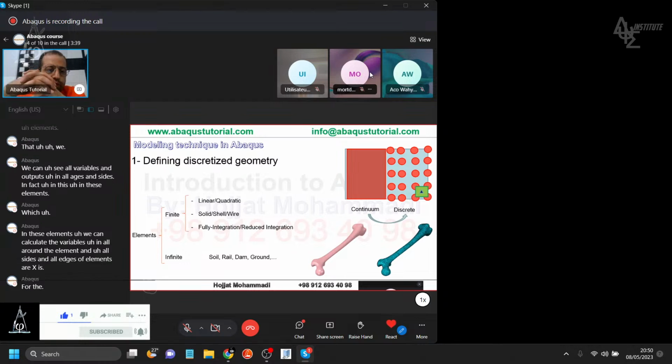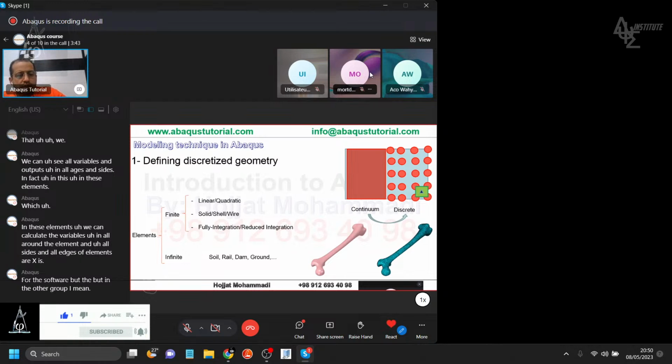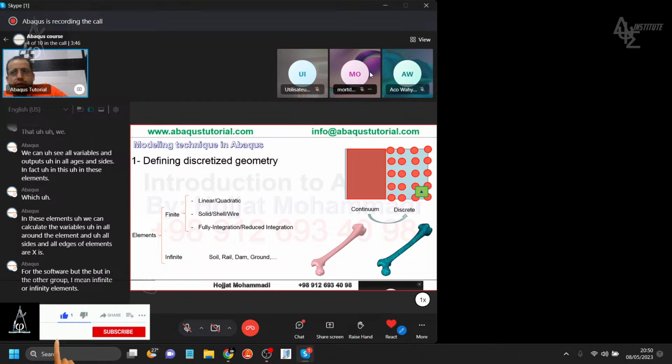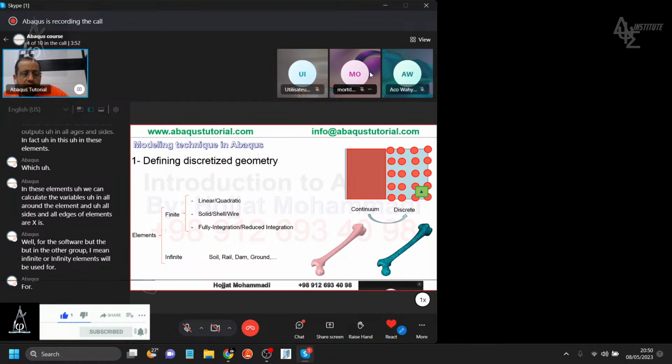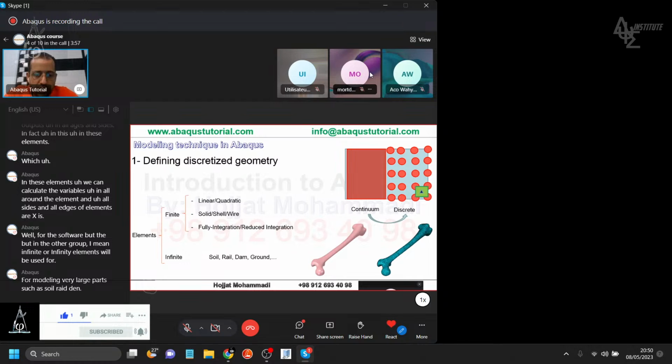But in the other group, I mean infinite or infinity elements, will be used for modeling very large parts such as soil, rail, dam, and ground.